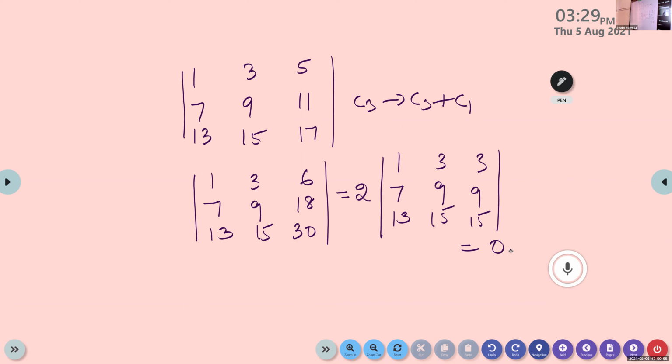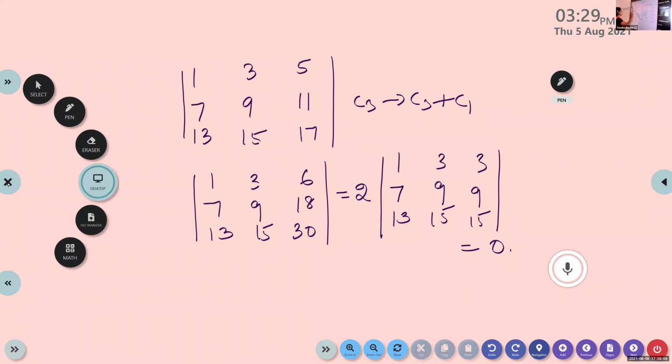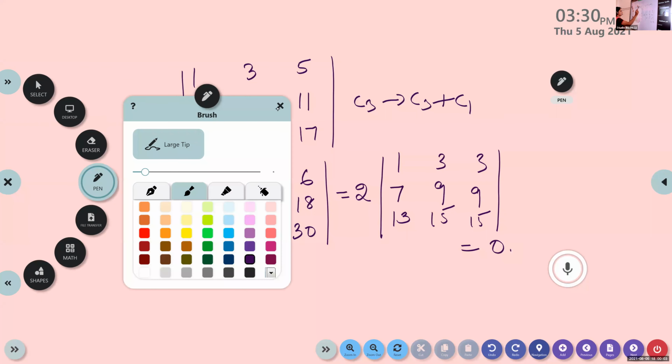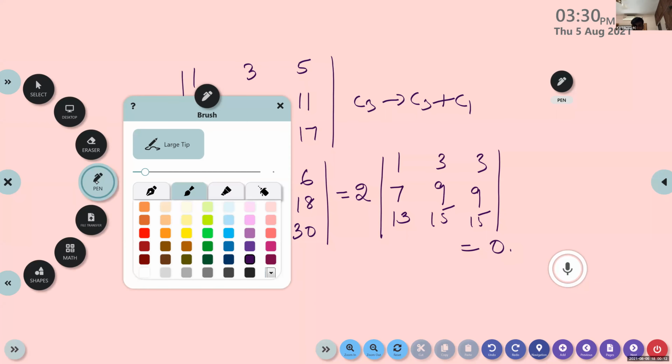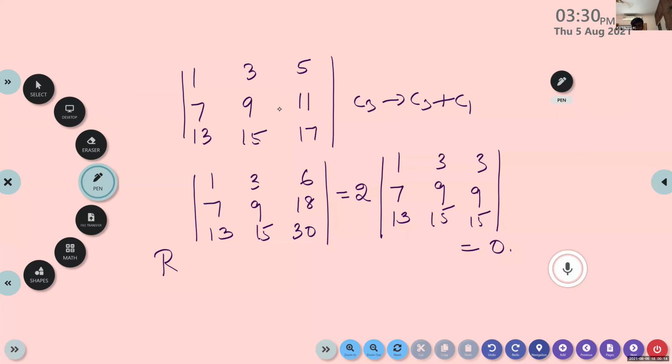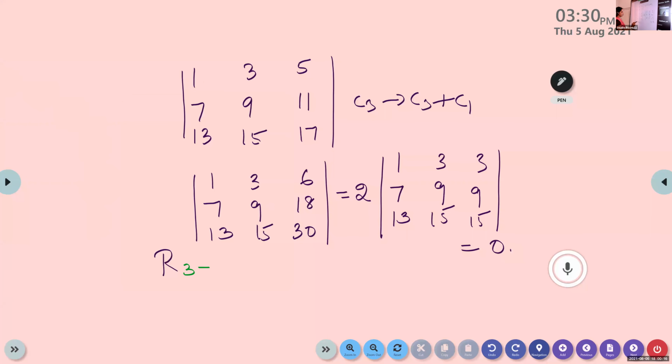Along the row also you can do the same, isn't it? What is the row operation? Karthik, what is your operation? Ma'am, R3 is R1 plus R3. Okay, like this you have tried.